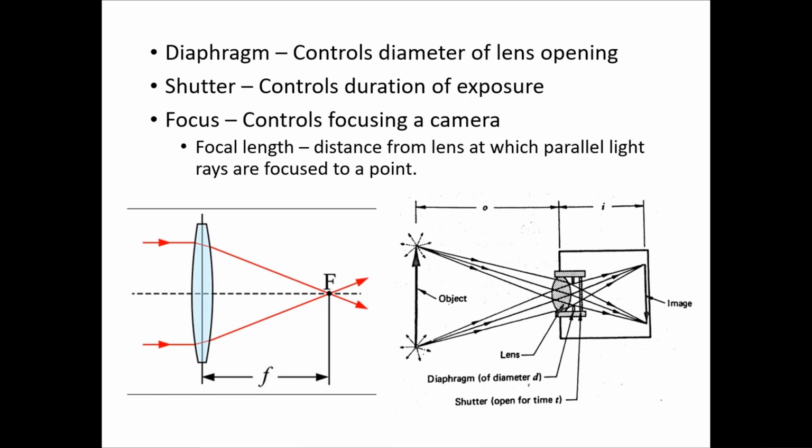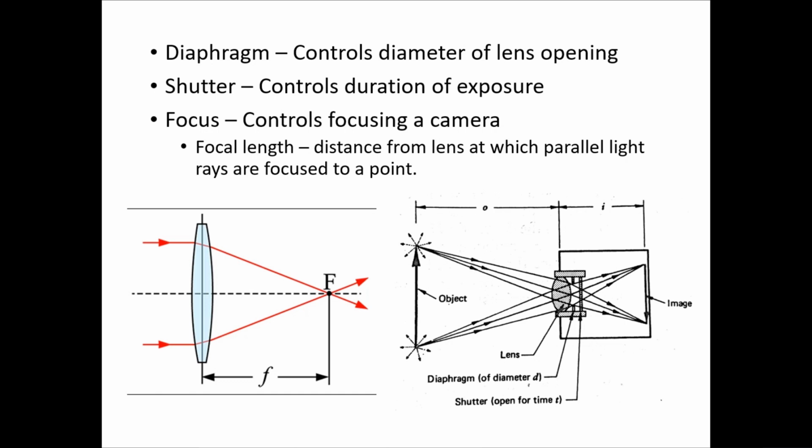Then you have the focus. You can see the focus on the left image. The capital letter F represents the focus, which controls focusing a camera. So what do you mean by focus? Focal length is the distance from the lens at which parallel light rays are focused to a point. You can see on the left image the focal length, the small letter f.